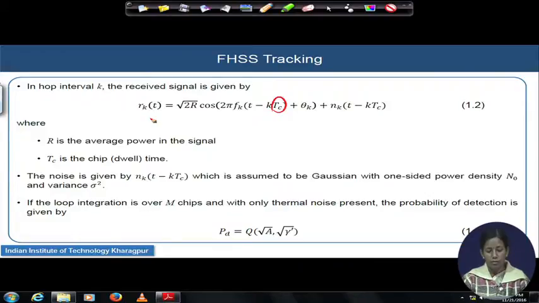And remember, as we are assuming that it has zero mean, the variance sigma square will be the power also.